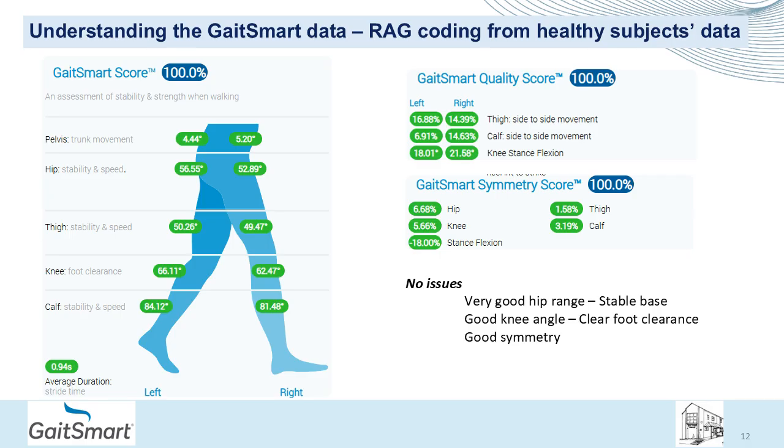So if a person's walking and they're completely healthy, every parameter will be in green, and all the scores will be 100%. Now, we look at the pelvis. That shouldn't move, because you're meant to move from the hip joint. The hip joint and the knee joint are the fundamentals of walking.